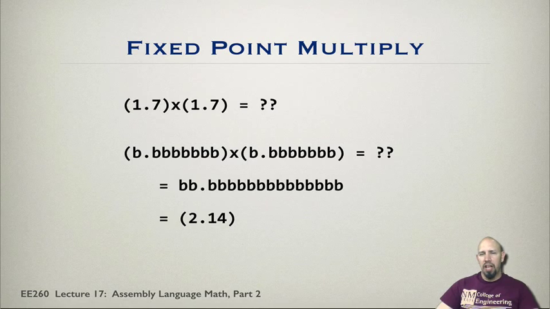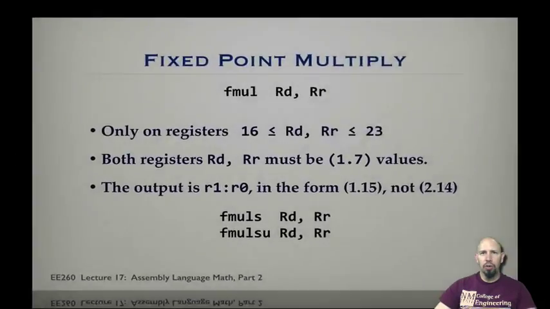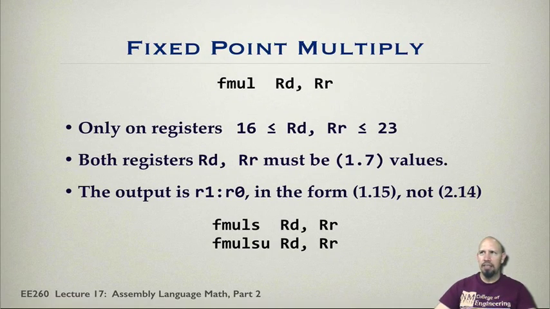Okay, so this is the basic background behind fixed point multiplies. Generally we want to get things into a form where we have a tool that we can use to do the multiplication. And the tool that the Arduino gives us, the ATmega 328 processor, is that command fmul. There's also fmuls, fmulsu. But with fmul, I have two registers that I have to pass it.